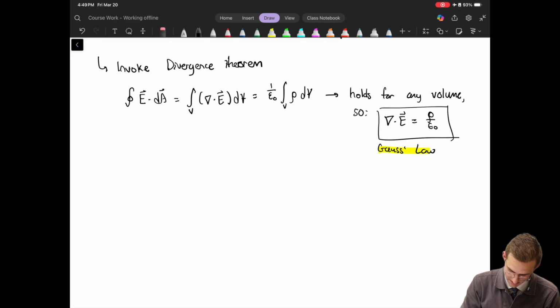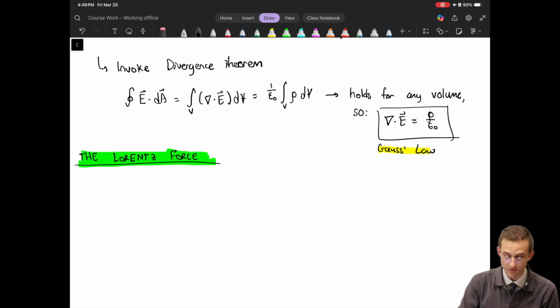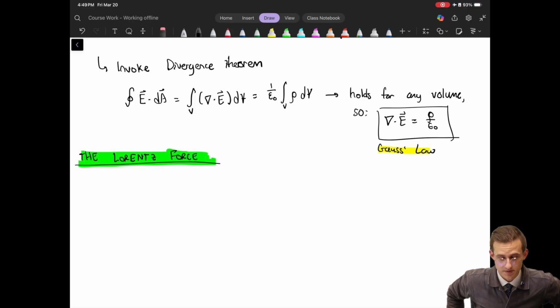We need to start bringing magnetic fields into the mix, right? So the first way we're going to do that is with the Lorentz force, and this is a very important relation, because this is the force ultimately that tells the particles in a plasma how to move, because they're charged particles.